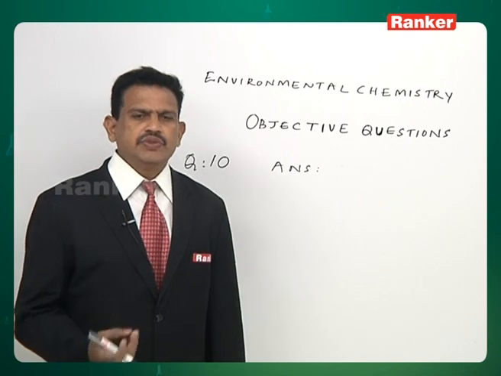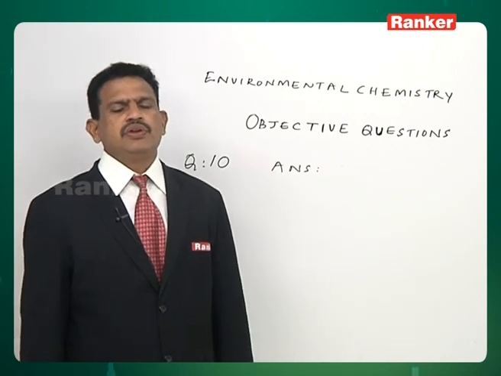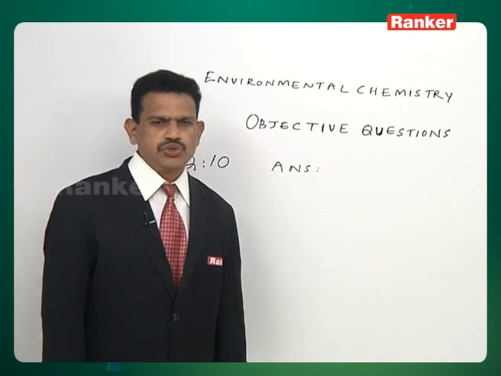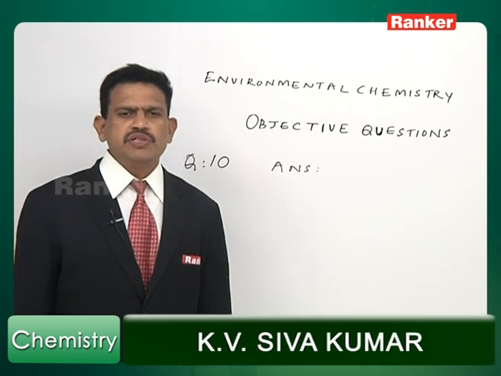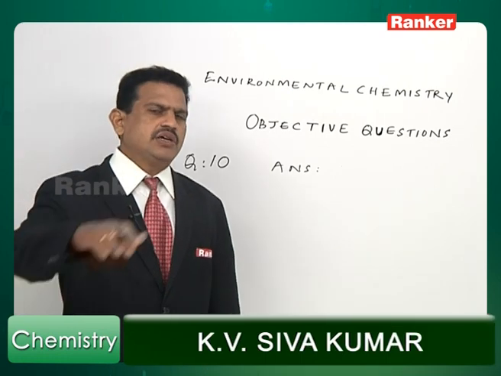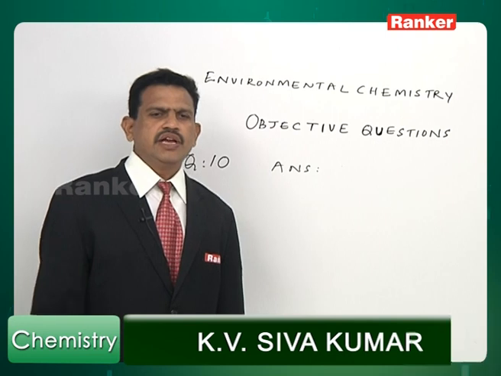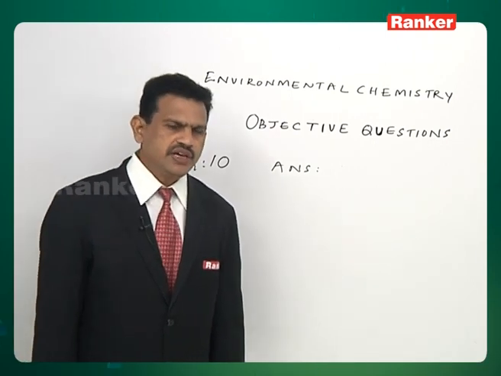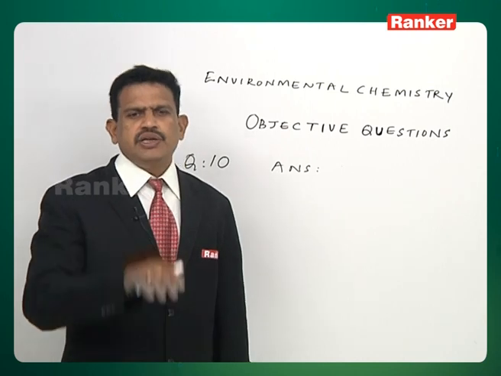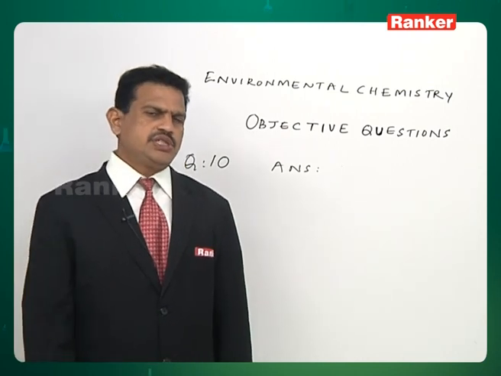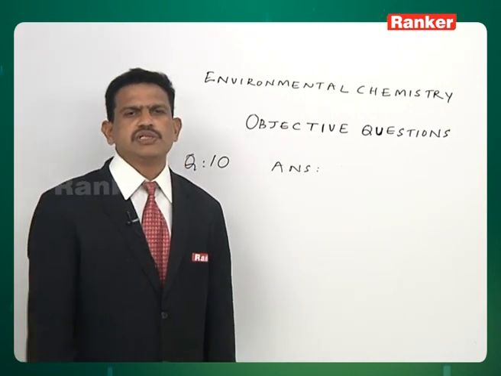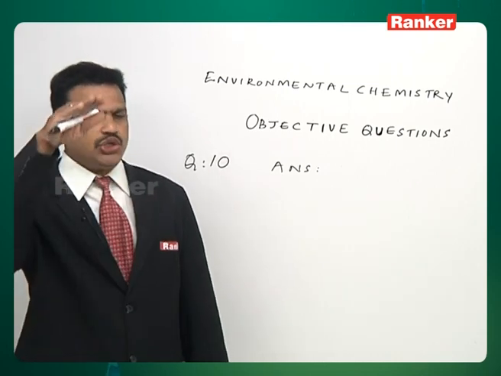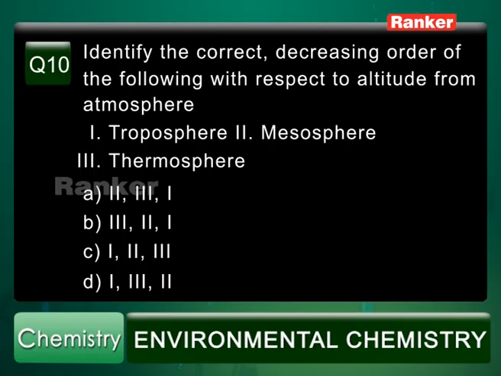If you observe this, thermosphere is in the topmost position, then mesosphere is the next layer, and the next one is troposphere. This is from 0 to 10 kilometers. So the decreasing altitudes, heights can be given as option B for the question.